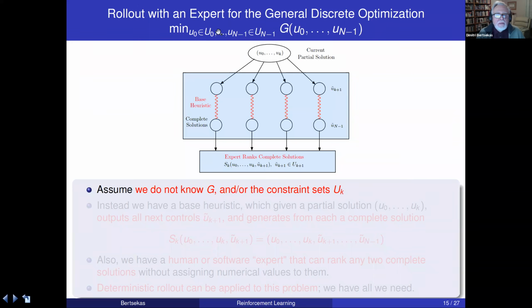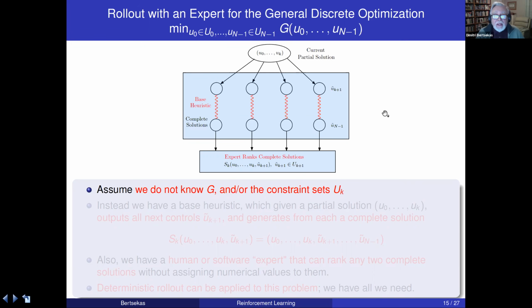But for today, we're going to consider just the case where the components are not coupled. Now, the difficulty here is that we don't know the cost function and we don't know the constraints. We just don't have analytic expressions. They may be very complicated. They may be hidden in some software that we cannot interpret.